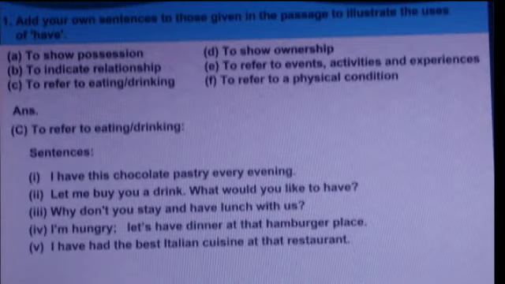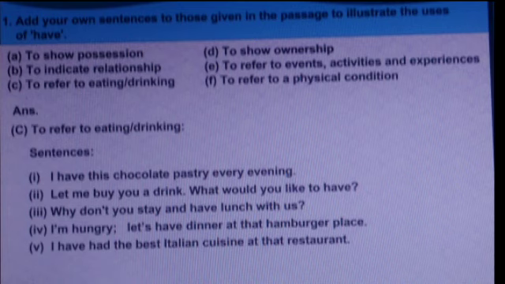The third example we are going to see is how have is used to refer to eating or drinking activity. For example, I have this chocolate pastry every evening. Second, let me buy you a drink. What would you like to have? Number 3, why don't you stay and have lunch with us?